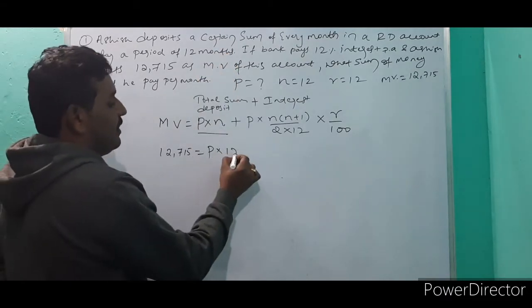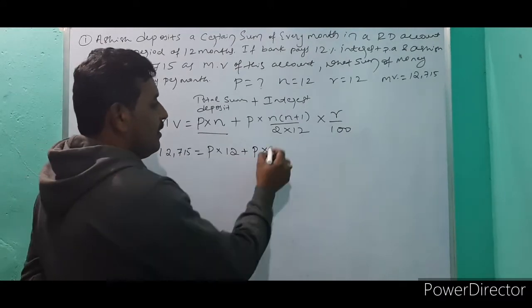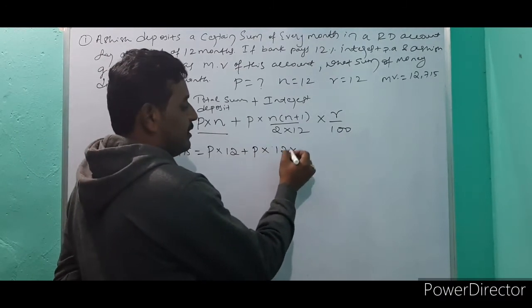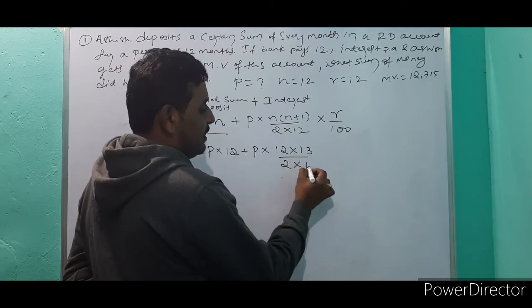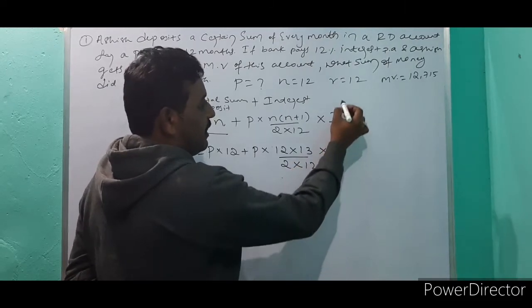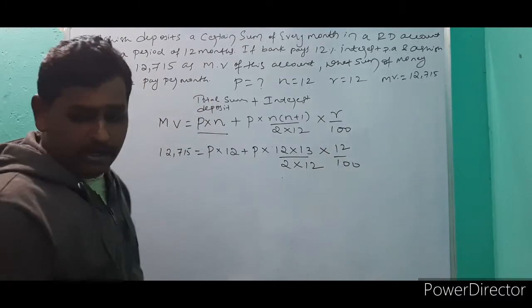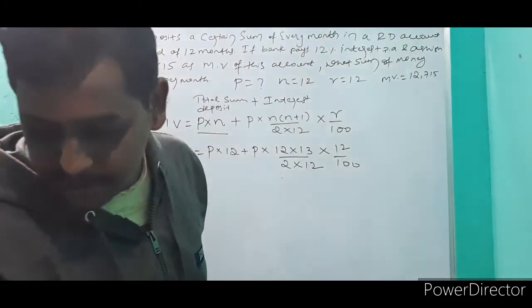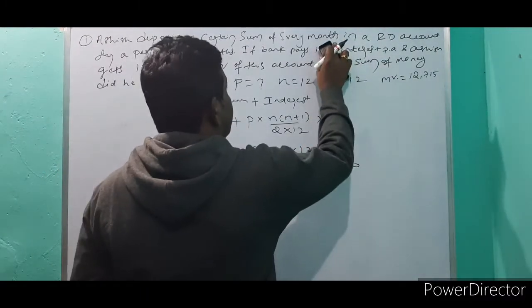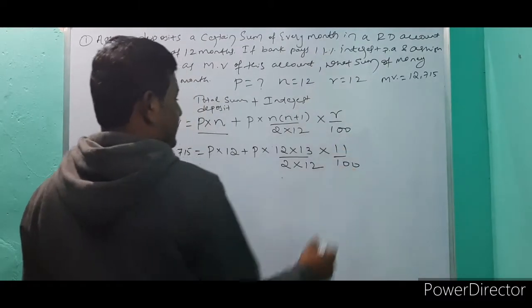N value 12, P into 12 into 12 plus 1, 13, divided by 2 into 12, into R value, they have given 12 divided by 100. Sorry, the R value is 11%.